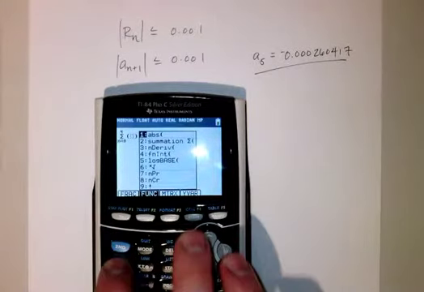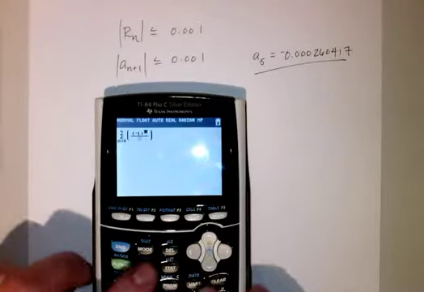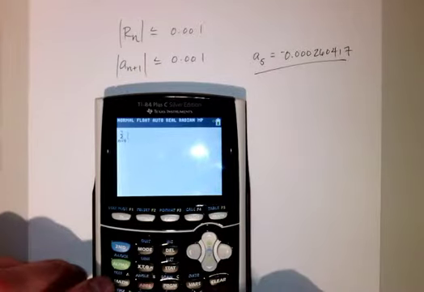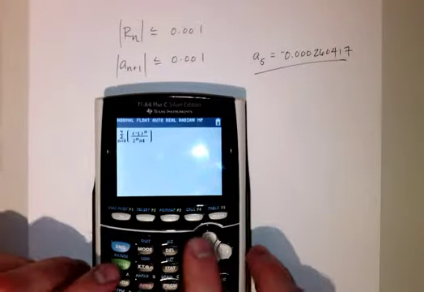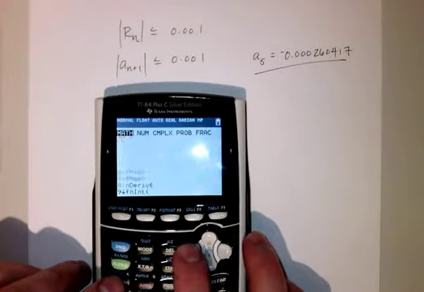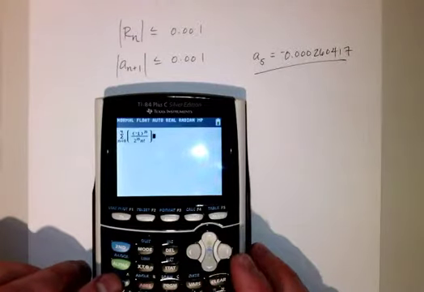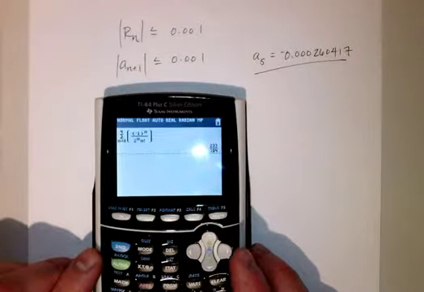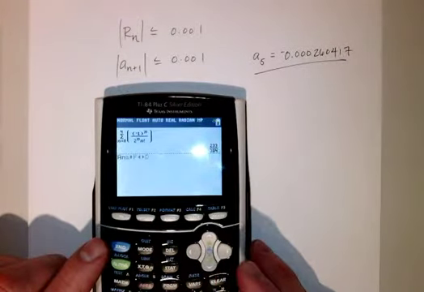Oh, sorry, that's supposed to be this one. And we'll do the -1 raised to the nth, 2 raised to the nth, times n factorial. If you go to math right here underneath the alpha button and go over to probability, it's number 4 right there. So let's do that. Now, let's change that into a decimal.